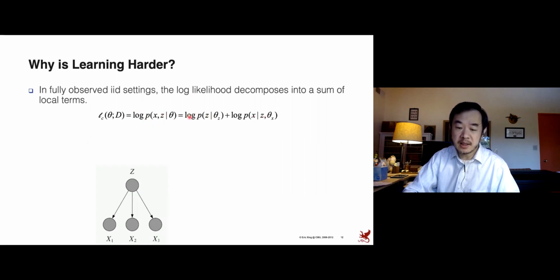And under logarithm, they factor into two summands, right? Two terms. And even nicer, in these two terms in the log likelihood, the two parameters that you want to estimate factor accordingly. Their factorization is exactly aligned with the bigger term that is factorized. Theta z is only in here, and theta x is only in here.